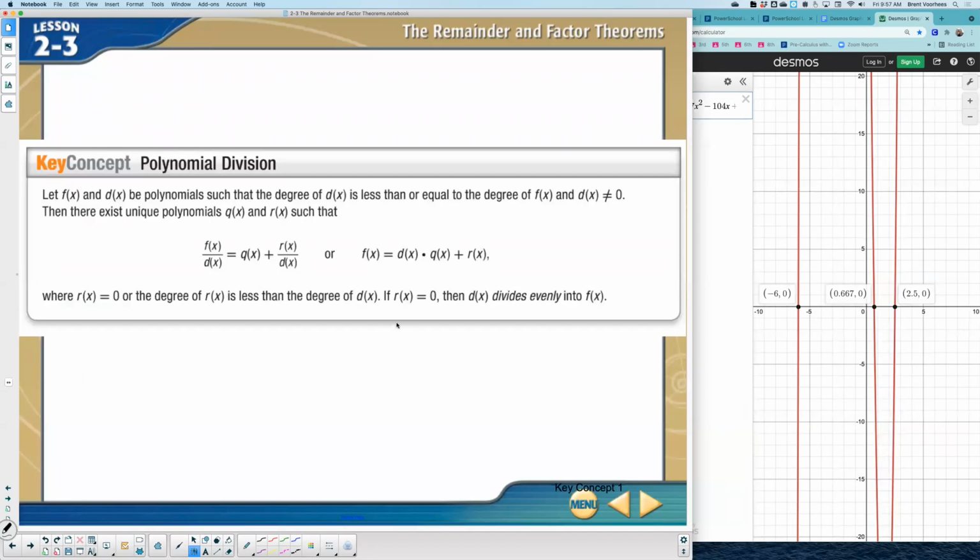Now I'm going to talk about those symbols the way I kind of wrote it out earlier. This is kind of what it was saying here, that you have some, we call this a dividend. Some dividend will get divided by a divisor.